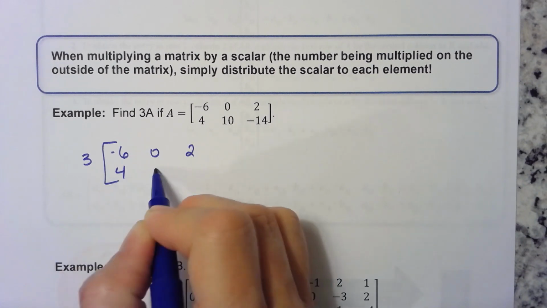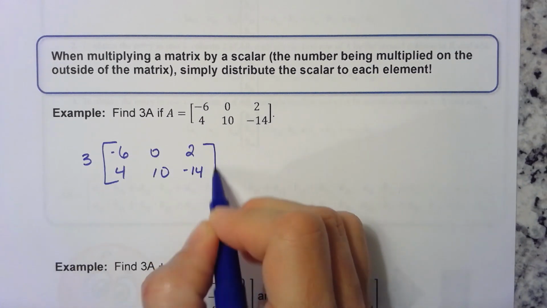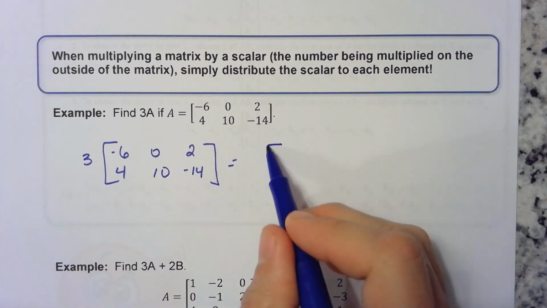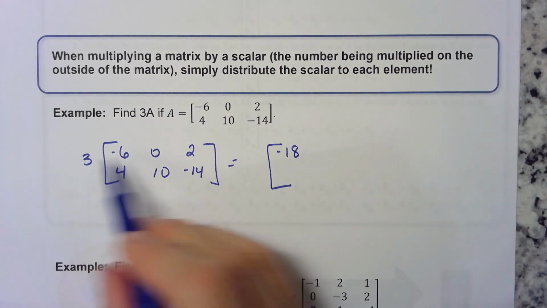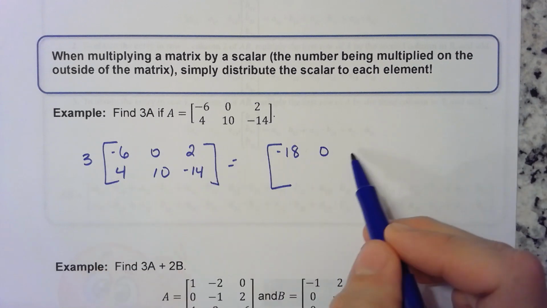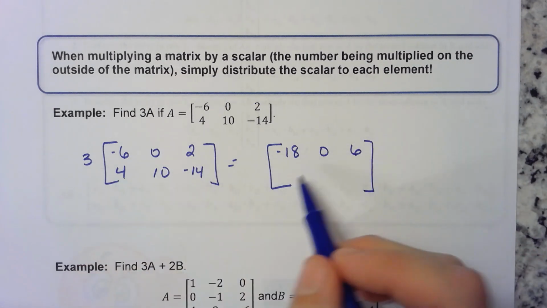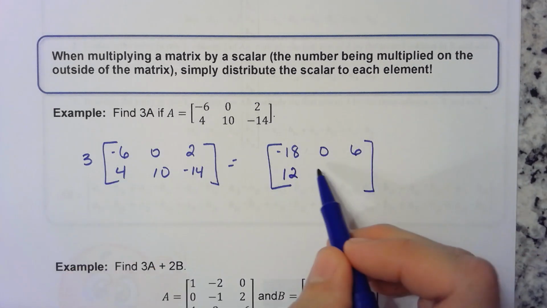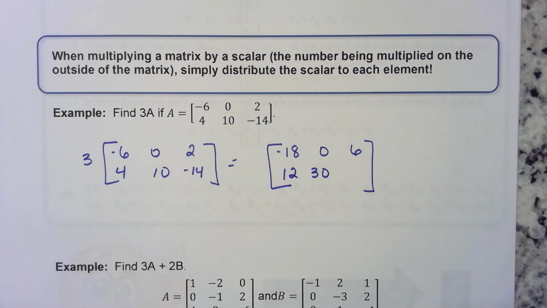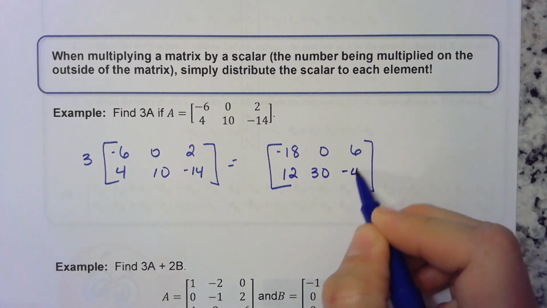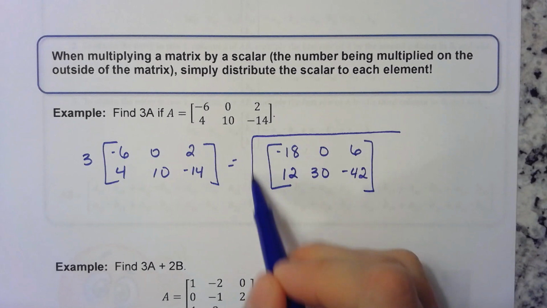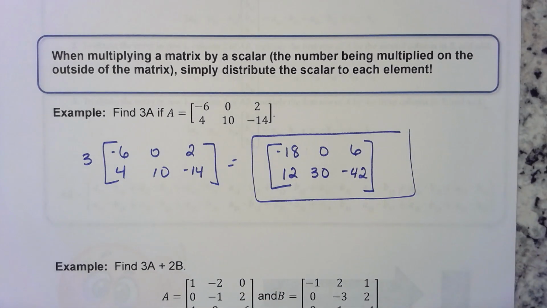Three times negative 6 is negative 18. 3 times 0, 3 times 2, 3 times 4, 3 times 10, and 3 times 14, so a negative 42. That's literally all you do. Just multiply everything inside by the number that's sitting on the outside.